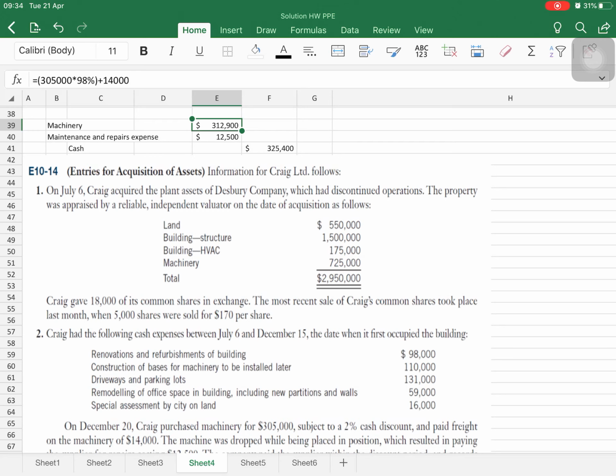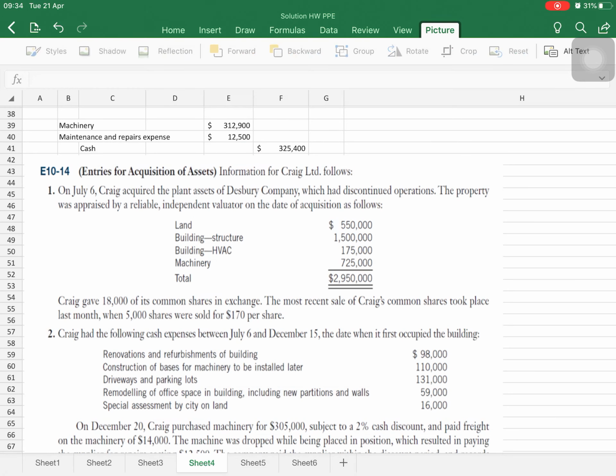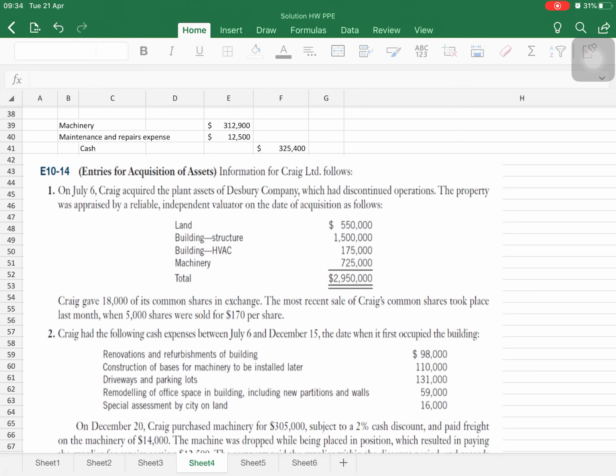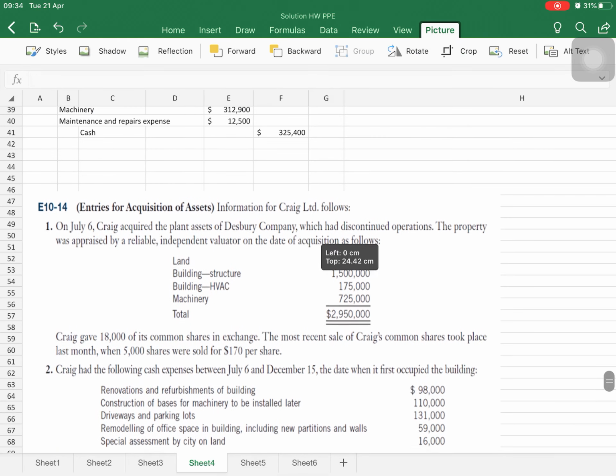Remember, transportation cost is included in the machinery. I mean, the transportation cost can be capitalized. That's why the machinery here is this number, and the machinery and the maintenance together mean that your company pays cash of 325,400 to get this machine. Okay, that's all.